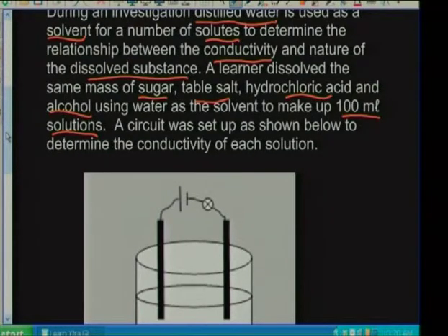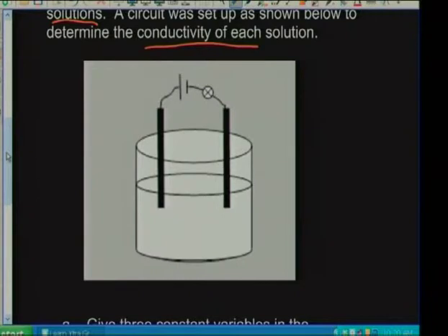A circuit was set up as shown below to determine the conductivity of each solution. Now you could easily get this. As I've illustrated previously, we have some conducting rods. There's our solution. There's our battery, and there's a light bulb.